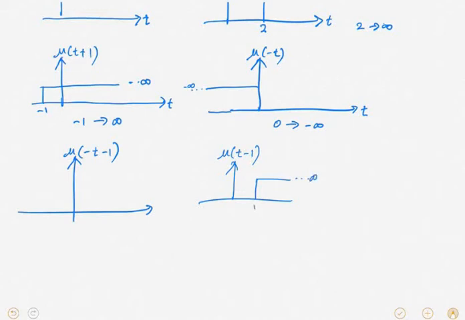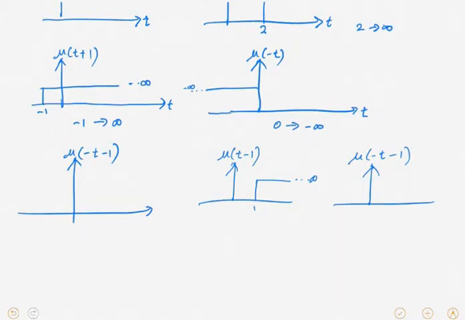So u(-t-1) is the folding version of u(t-1). Initially it goes this way, now it goes behind because it's a negative t.